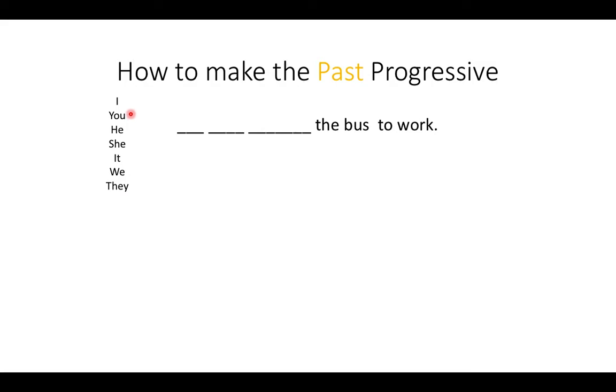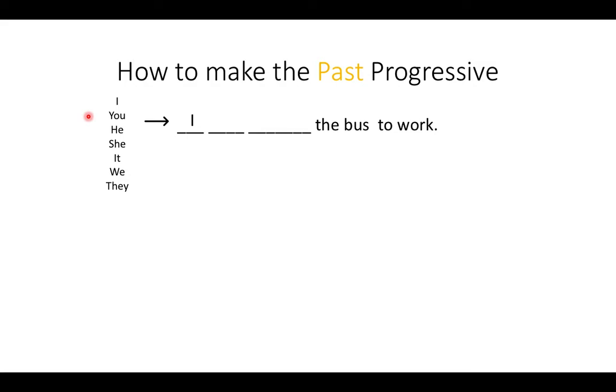These are called pronouns. It just means it's referring to a person or a thing. That's all it means. And every sentence needs to have, we call it, the subject in English. But first, to make this, we just need to figure out which one we want to use. For this sentence, we're going to use I. And you put that at the beginning.